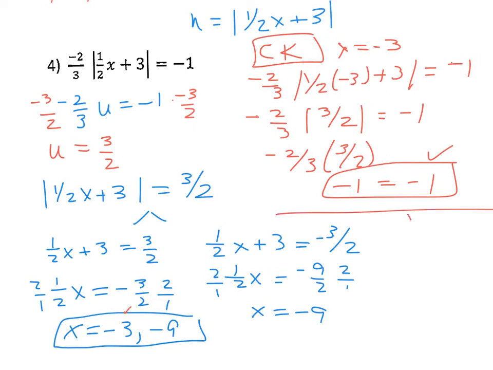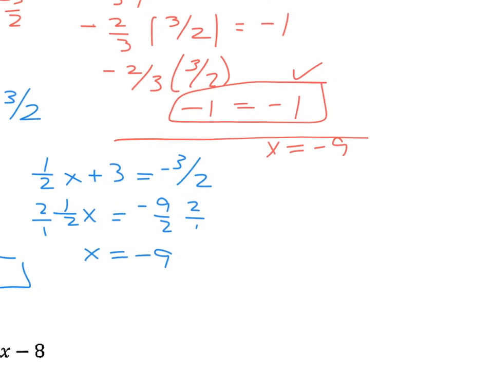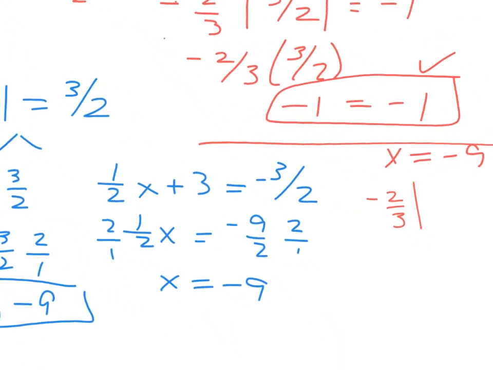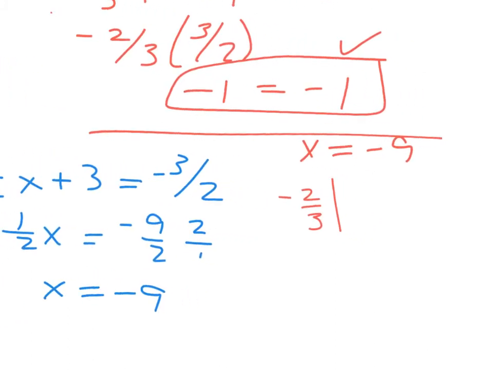Now we've got to do x equals -9. Let's do our check over here. So we do -2/3 times the absolute value of 1/2 x plus 3.